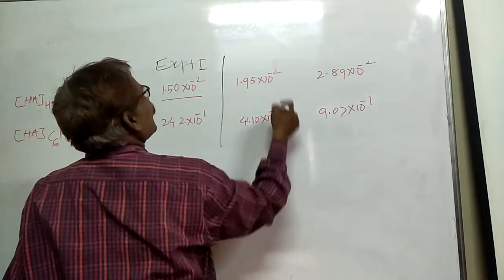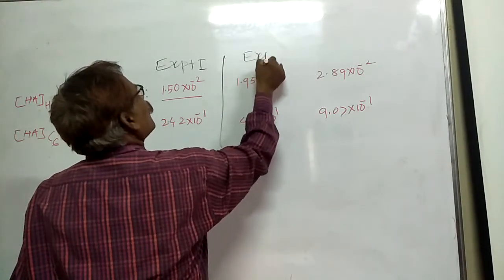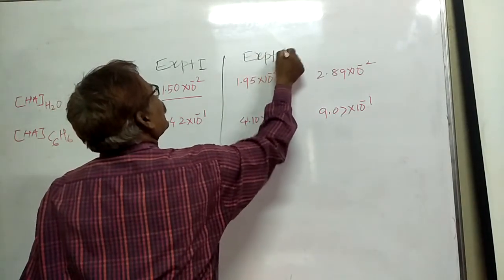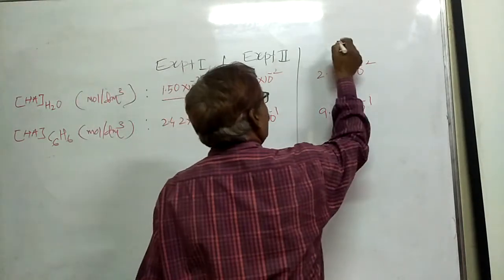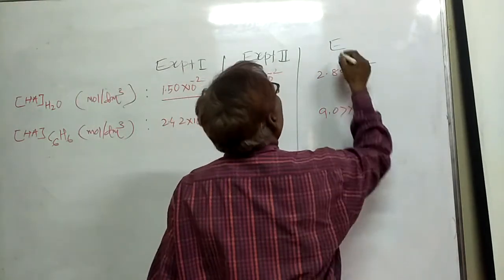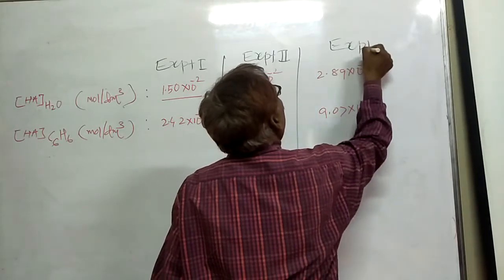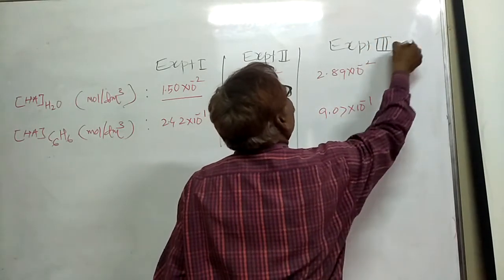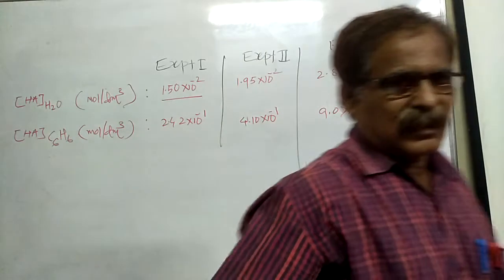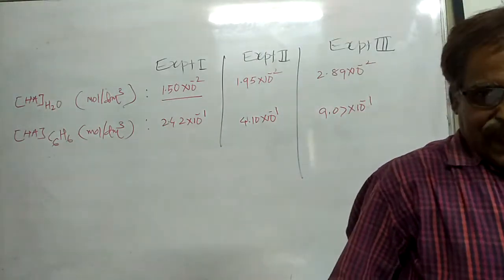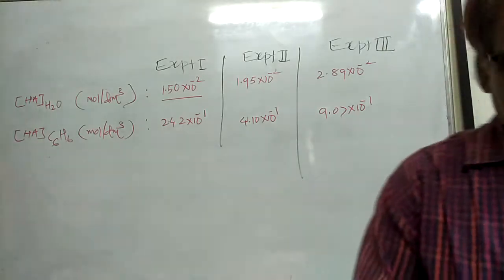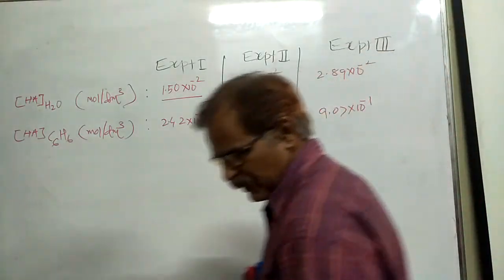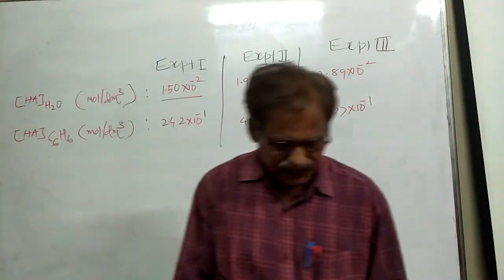The second set of data is obtained in experiment number 2, and this data written over here is obtained in experiment number 3, carried out under identical conditions at 25 degrees centigrade.